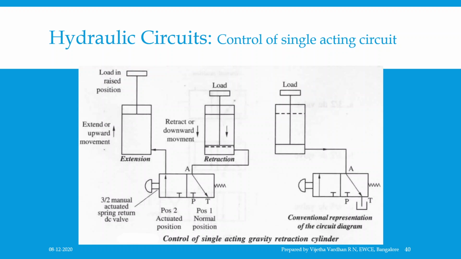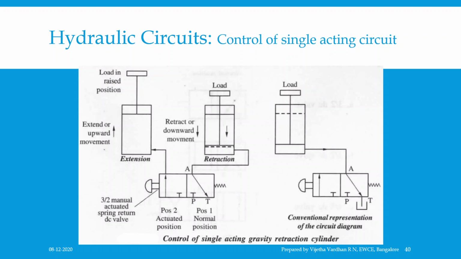One of the basic types of valve used to reverse the direction of motion in an actuator is the direction control valve. Now the figure shows the control of a single acting gravity retraction cylinder. In the circuit diagram of a single acting gravity type cylinder, a 3 by 2 manually actuated spring return DC valve was used.